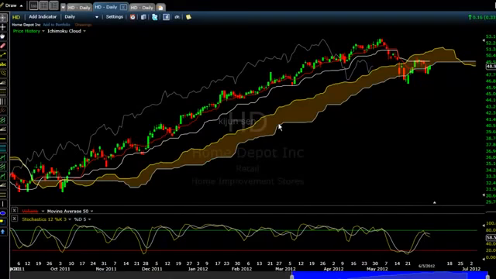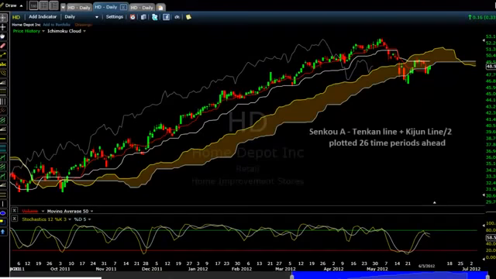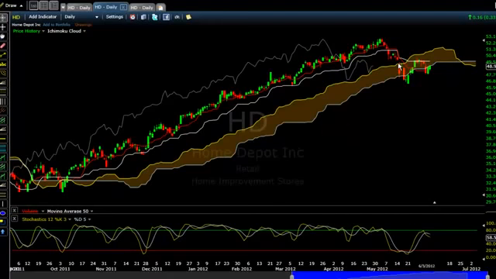Alright. Now, the importance of the Kumo, you can see the varying thicknesses, and that's because Senkou span A and B, remember, span A is the sum of Tenkan-sen and Kijun-sen divided by 2, and it's plotted 26 periods into the future. So these closing candles here are actually projected 26 periods into the future, and that's where the Kumo occurs, 26 periods in front.